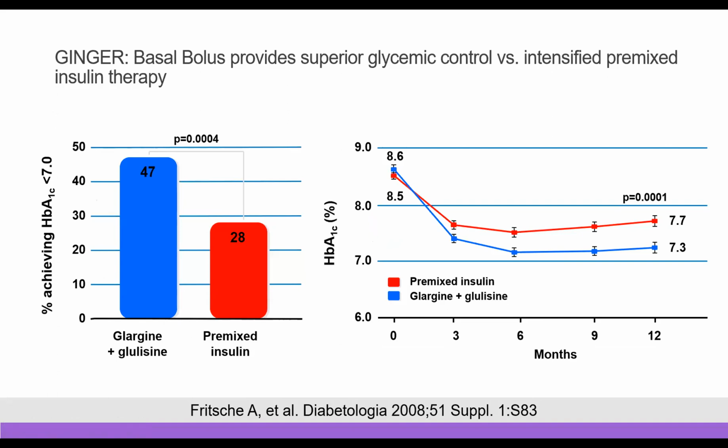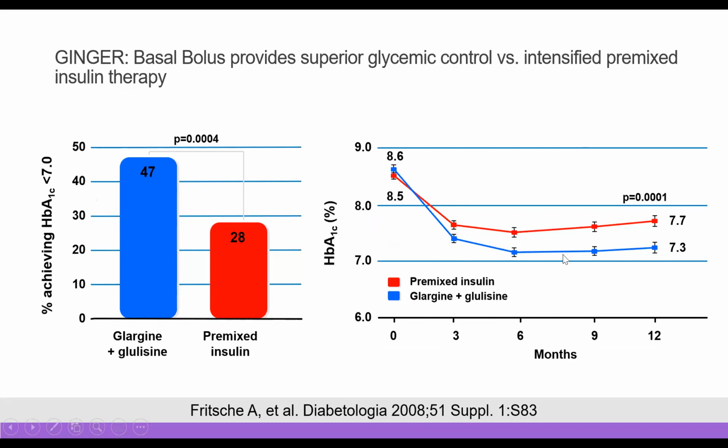Now, this is a very, very interesting, important study which provides an input that basal bolus insulin provides superior glycemic control versus intensified premixed insulin therapy. So, if you look into the premixed insulin regime and the basal bolus regime, you will find the basal bolus regime has better control than premixed.